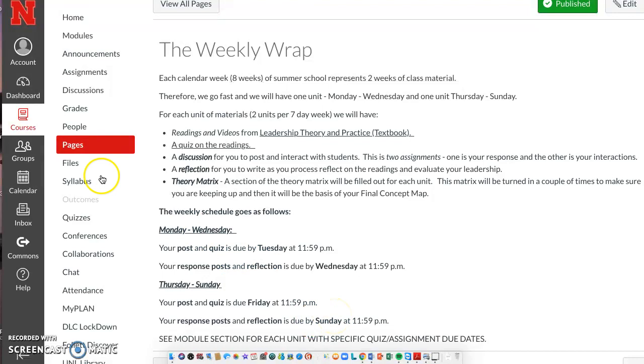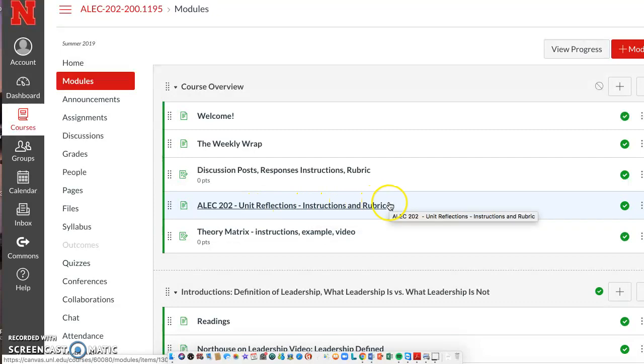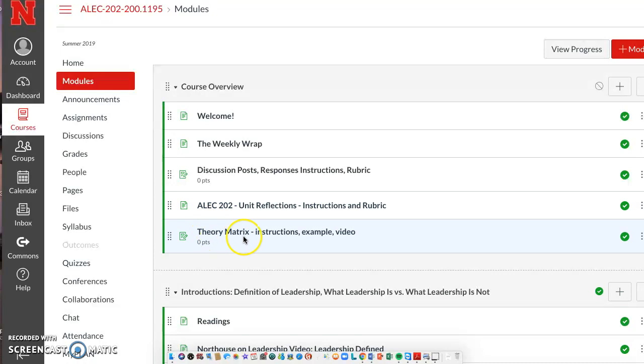It is really critical that you read through the discussion post and the response post instructions and rubric so you know exactly what's expected in those. Also, the reflections for each unit, and the rubrics, so you know what's expected with those. Here is the matrix that you'll fill out for each theory, and here are instructions.